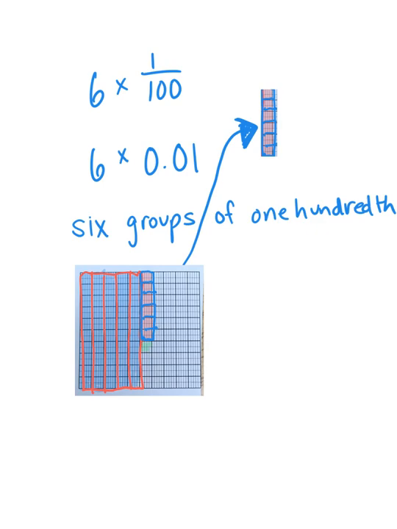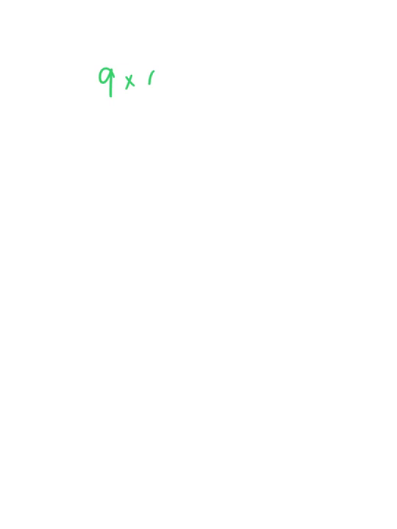To our visual model, we want to make sure that we can see that. And here it is. That's our little itty bitty 9 groups of 1/1000ths. You can write it like this, or you can write it like this. Both are correct.